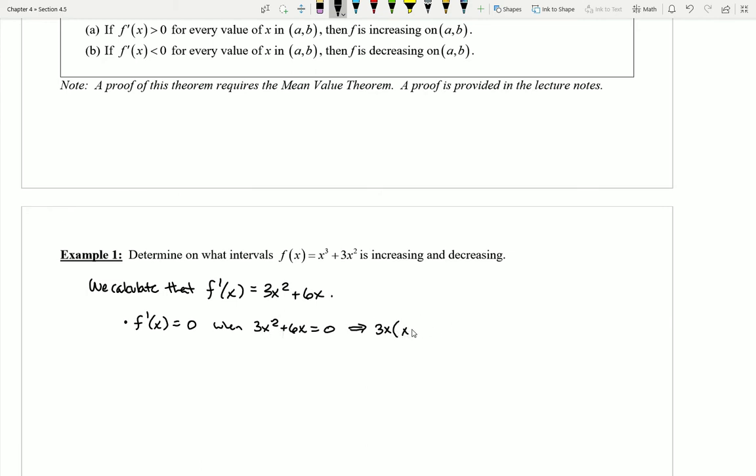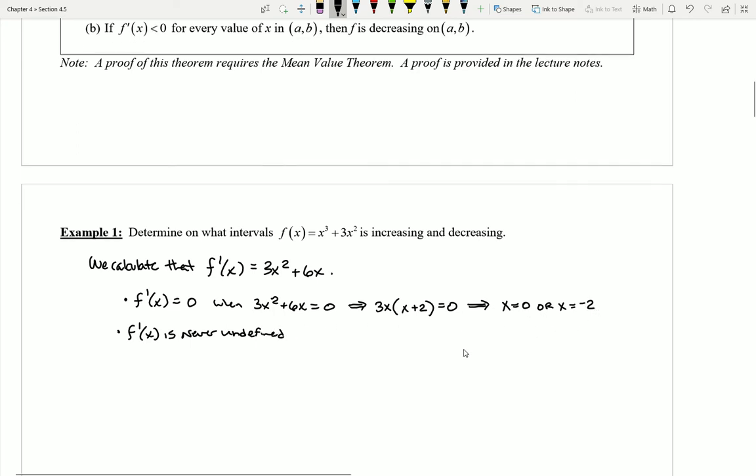Notice this would leave me with 3x times (x plus 2), and so I can very clearly see that I'm going to get a result of 0 whenever x is 0, or if x is negative 2. Now I can check when my first derivative is going to be undefined. And of course, the answer is that it is never going to be undefined. So the only critical points that I have are 0 and negative 2.